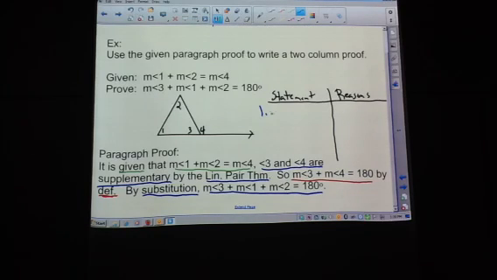The first thing, notice, is the given information to us, just like any other type of proof. And we're going to list given for the reason. Alright, second thing here. So I've done that. I'm just going to follow along here. We've got angle 3 and angle 4 are supplementary, and that is by the linear pair theorem.